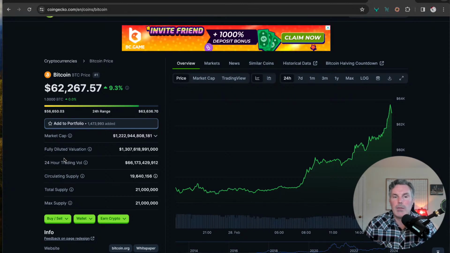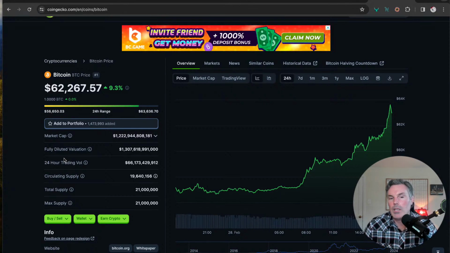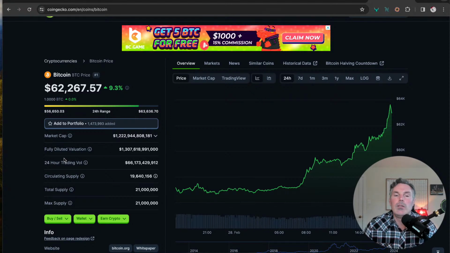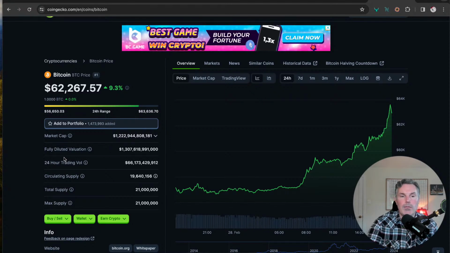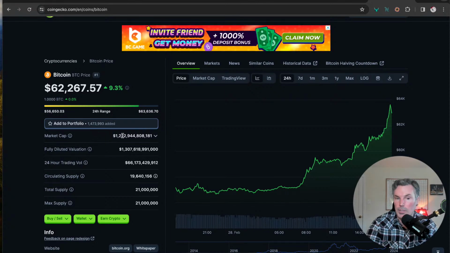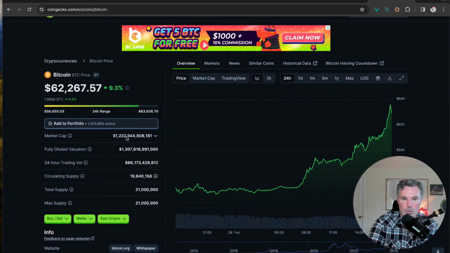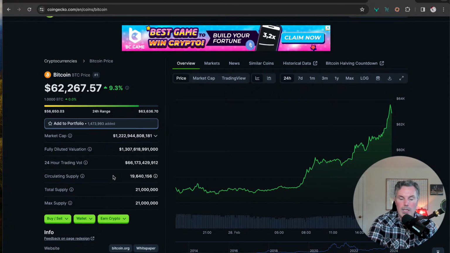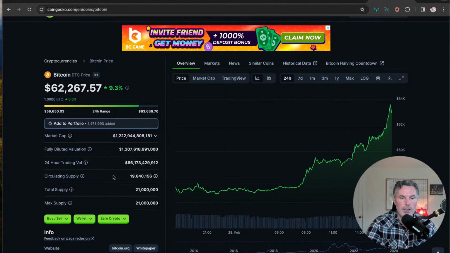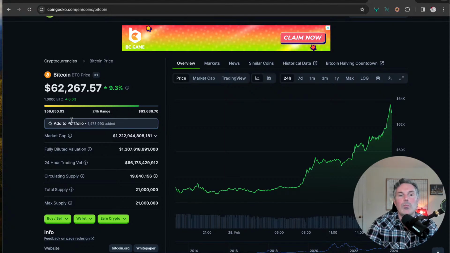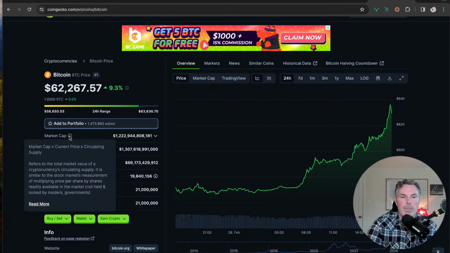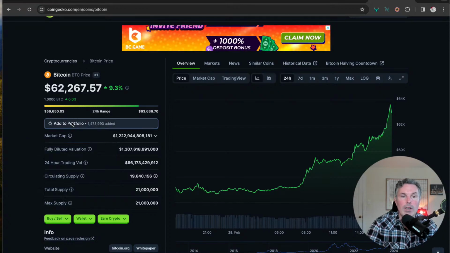So at any given time, you can always calculate the price. And what's exciting about that is you could speculate and say, well, what if Bitcoin's market cap grows to 2 trillion? Okay, so just take 2 trillion, enter that into your calculator, divide it by the circulating supply, and you're going to get the new speculative price, right? Current price times circulating supply is the market cap.